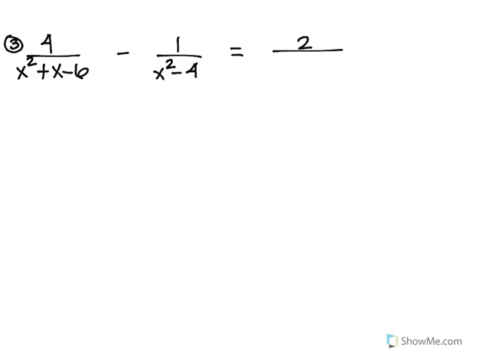Example 3. 4 over x squared plus x minus 6, minus 1 over x squared minus 4, equals 2 over x squared plus 5x plus 6.